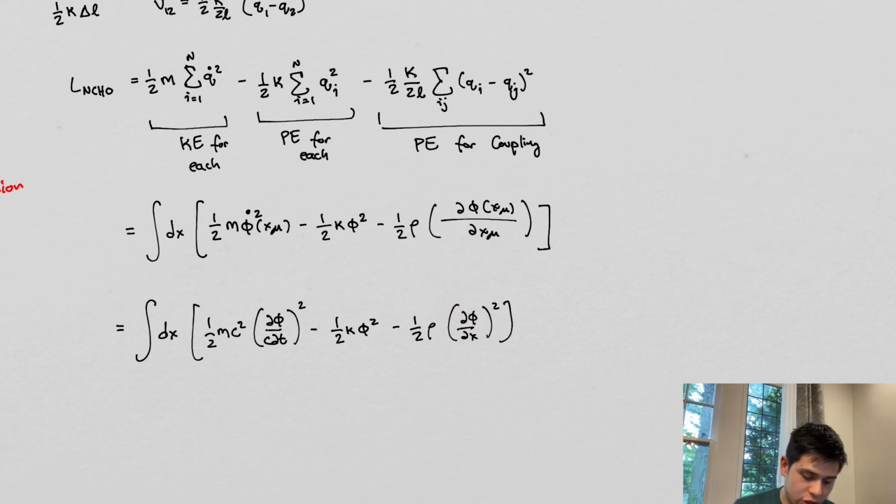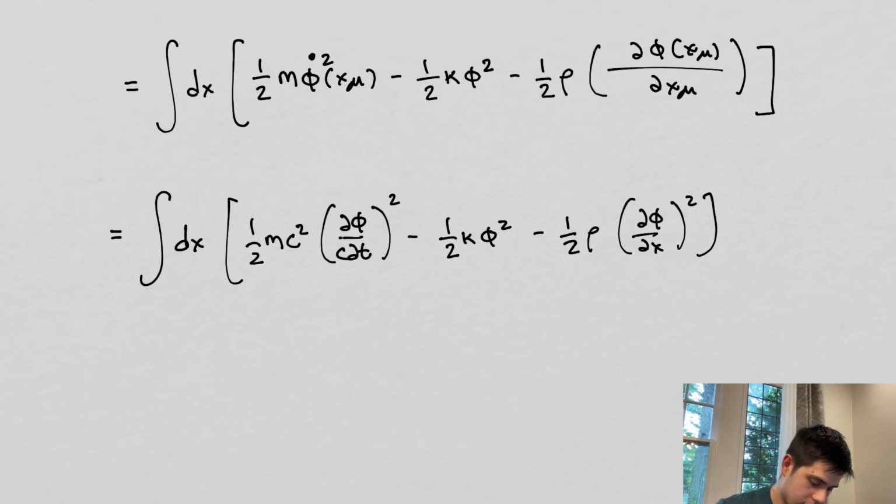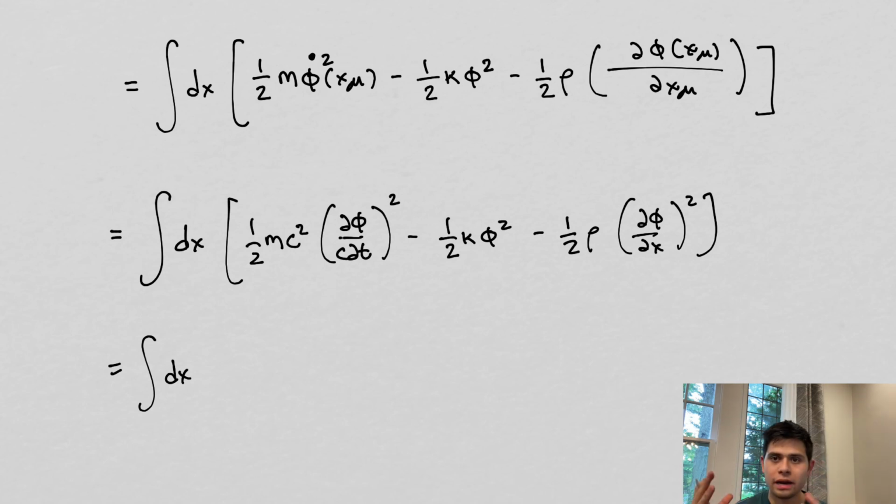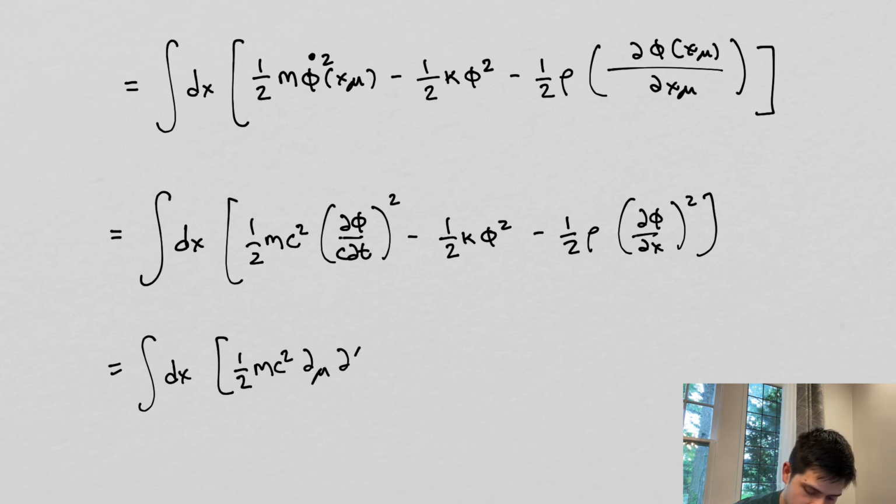So we can sum this up by saying that this is equal to our integral dx, where we combine our spatial and temporal derivatives with each other to get a 1/2 m c squared d mu phi squared minus 1/2 k phi squared, like this.